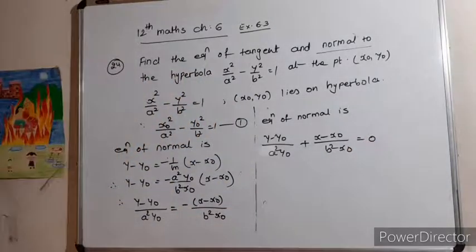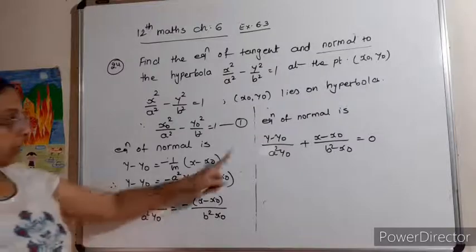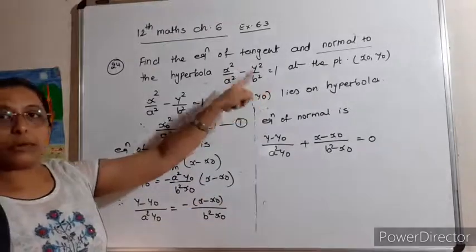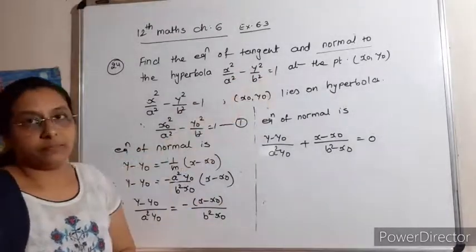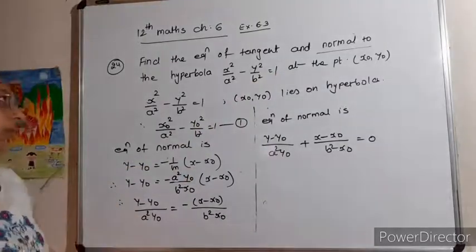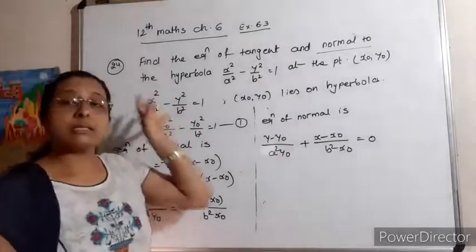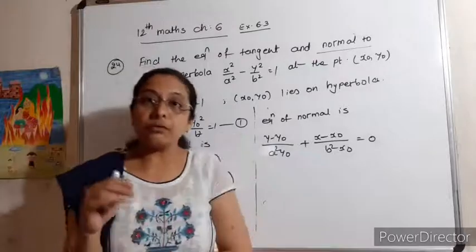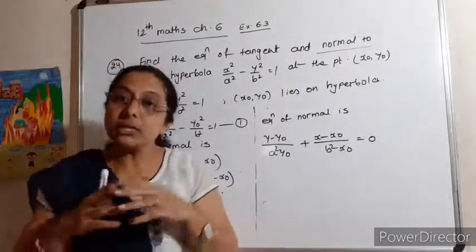Right? So this is the equation of normal at the given point x0, y0. Understand that? Okay. So here the equation is simple. The method to find the normal and tangent is also simple.